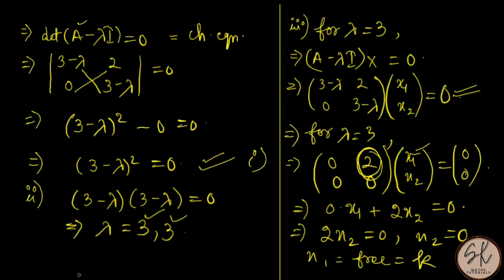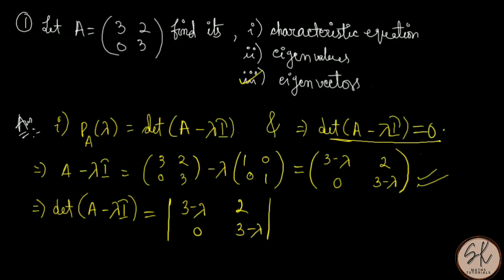Now here we got the eigenvalue 3 two times, so the algebraic multiplicity of 3 is 2, because the eigenvalue is repeated 2 times.